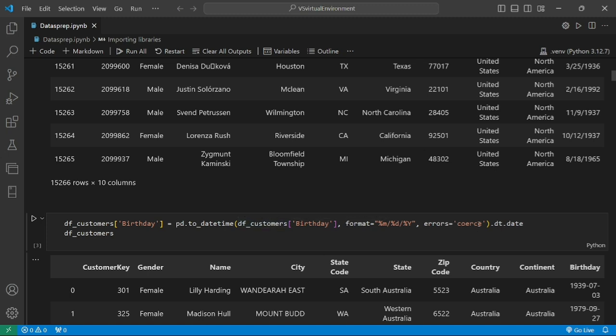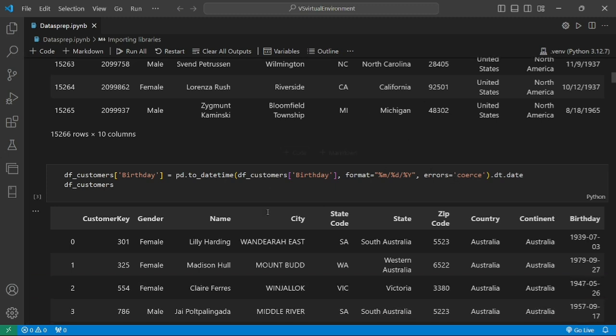It's like an integer. With errors set to coerce, if anything is blank or there is any wrong input, it will show us a NaT value.